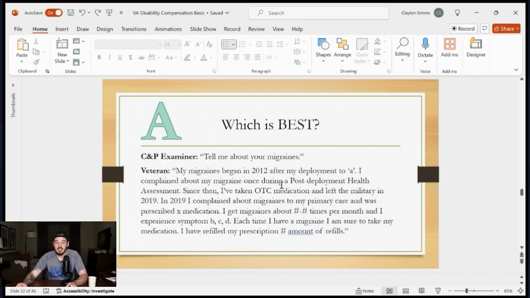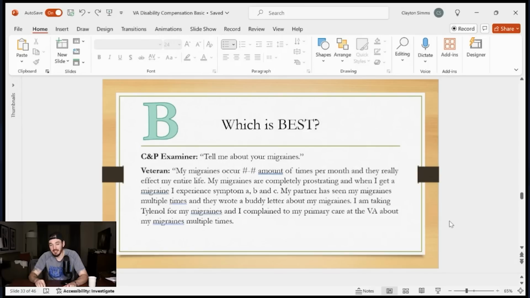Since then, I've taken over-the-counter medication and left the military in 2019. In 2019, I complained about migraines to my primary care and was prescribed this medication. I get migraines about Y to Z times per month, and I experience symptoms B, C, D. Each time I have a migraine, I am sure to take my medication. I have refilled my prescriptions this many times.